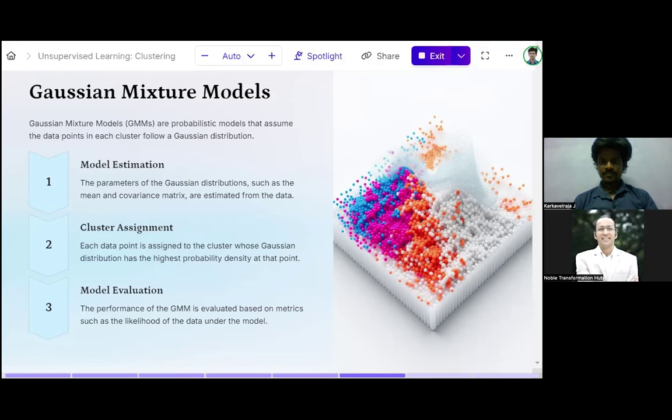Okay, so model evaluation: the performance of GMM is evaluated based on metrics such as the likelihood of the data under the model. So it is probabilistic again, because guys, Gaussian mixture models are based on probability, so they are always probabilistic.